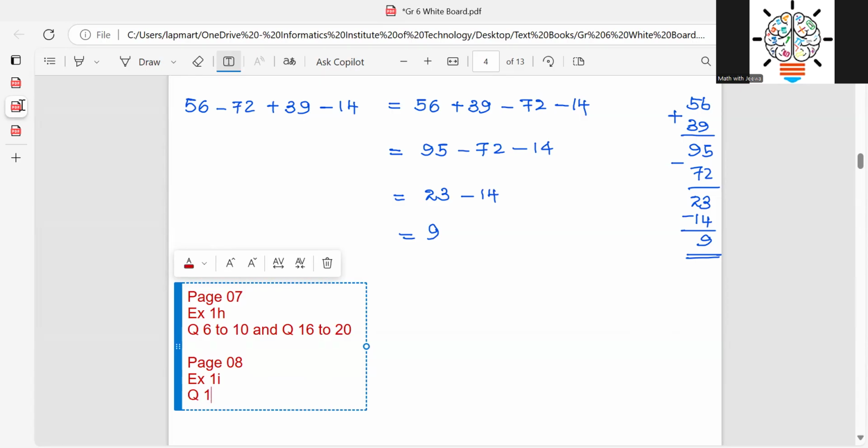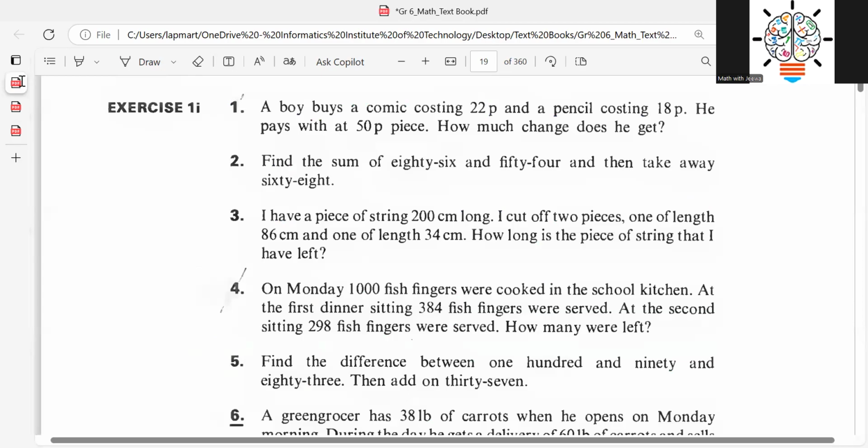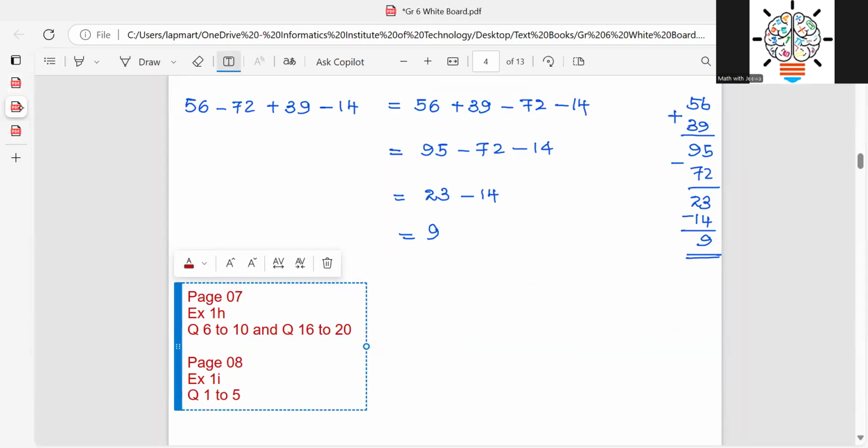Then your questions, question 1, 2. So the word problems, you know how to write the answers now. So you have 15 questions to do during the weekend, and we'll meet again on Monday.